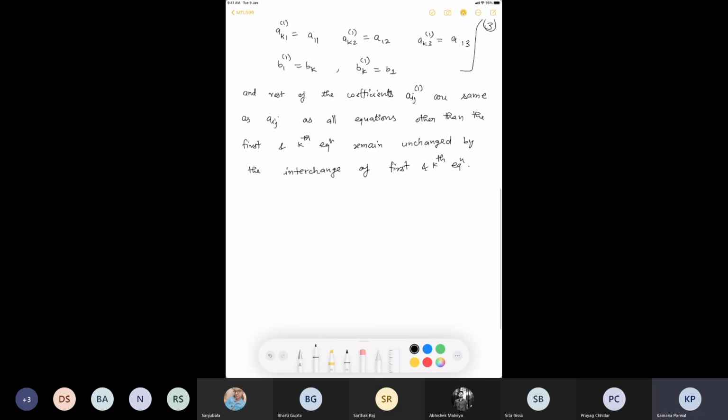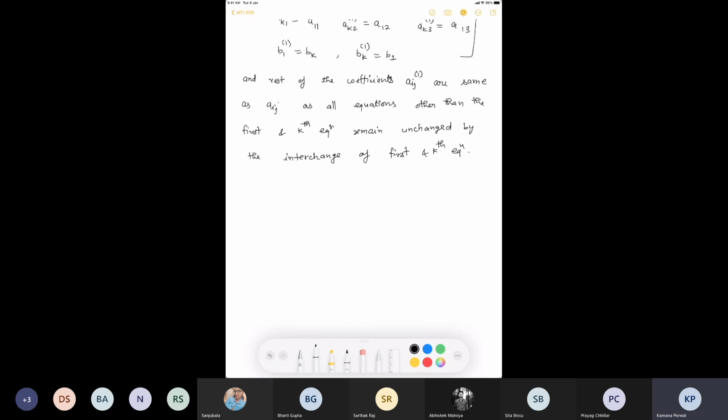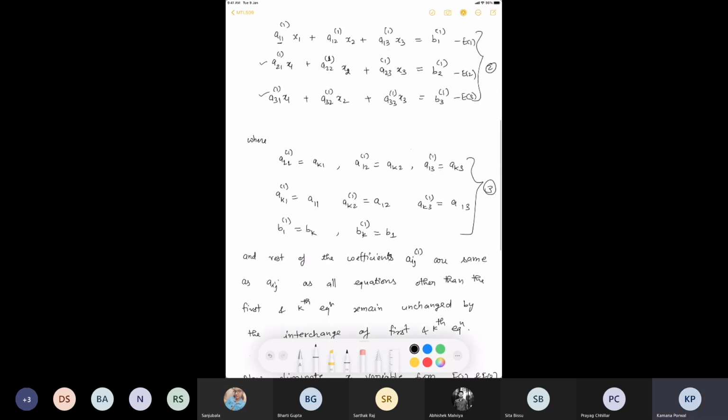Okay. So in this new system, I'm going to now eliminate x1. This step is the same as the Gauss elimination we have done before. So we're going to eliminate the x1 variable from E2 and E3 of the system which is 2.